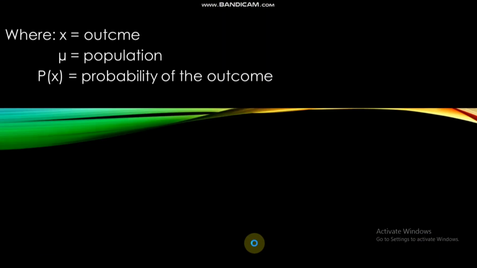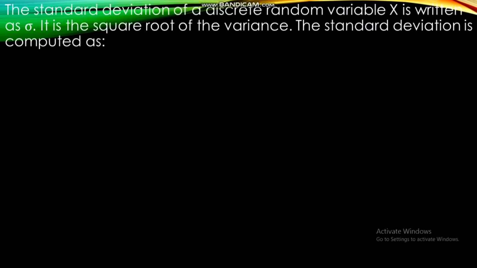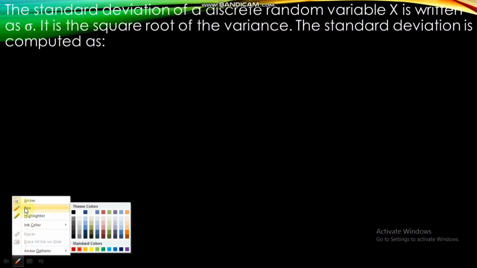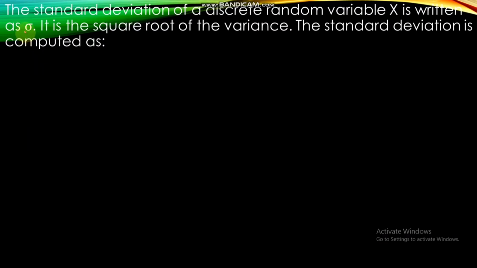Next, the standard deviation of a discrete random variable x is written as sigma. The symbol for the standard deviation is sigma. It is the square root of the variance.